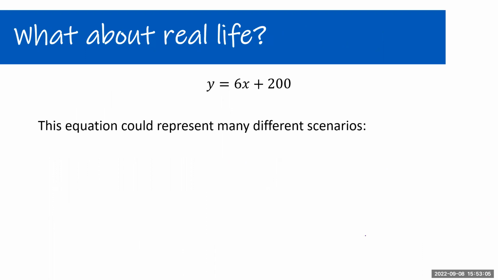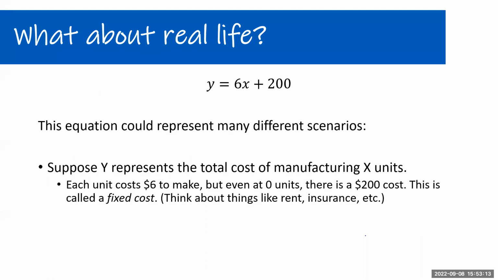Now, in the real world, we're not just talking about equations for the sake of talking about equations. This equation could represent many, many different scenarios. For example, let's say that y is the total cost of manufacturing x units. So that would tell us that no matter what, we're going to pay $200. Even if we don't make anything, we go on vacation, we just aren't making anything, whatever, we're going to have to pay $200.